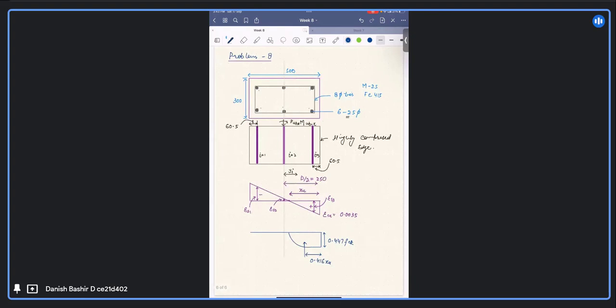This is Cc, the compression in concrete, and these will be the respective forces in the steel rows: Cs3, Cs2 and Cs1. The forces here will be in tension, and this will be in compression.